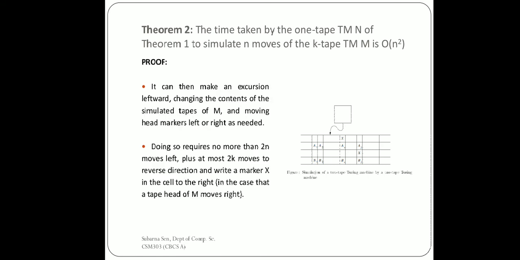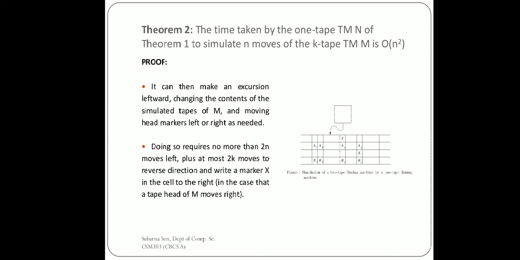Similarly, if it has to move left, the maximum number of movements it has to make is 2n as well. So from left to right it has to cover a maximum of 2n, and from right to left a maximum of 2n, right? Plus, why 2k moves?